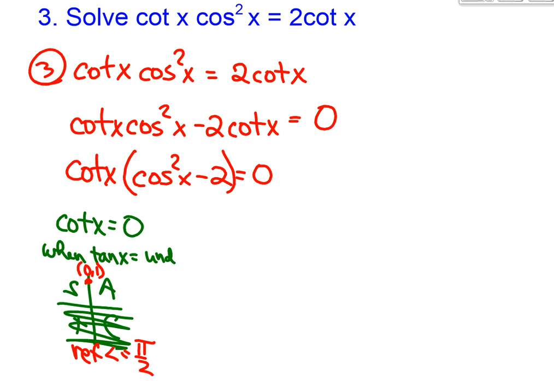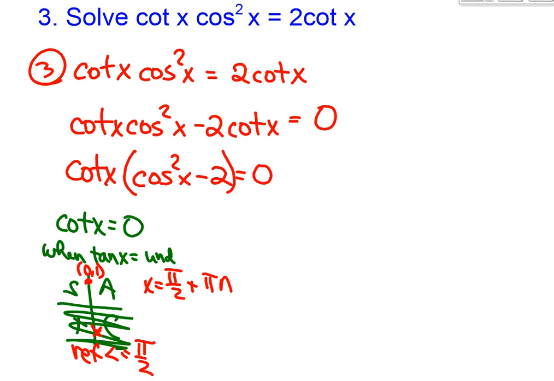So if the tangent is undefined, then cotangent would be 0. And since tangent has a period of pi, we just will have that recur every pi after that. So our solution for that one is x equals pi over 2 plus pi n, because the period of cotangent is the same thing, pi.